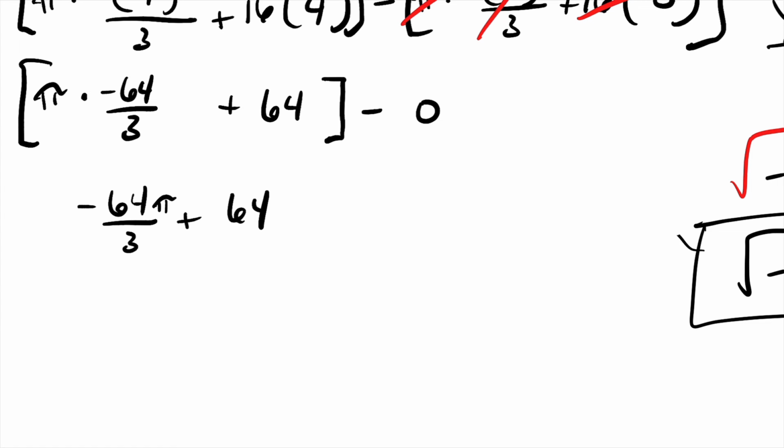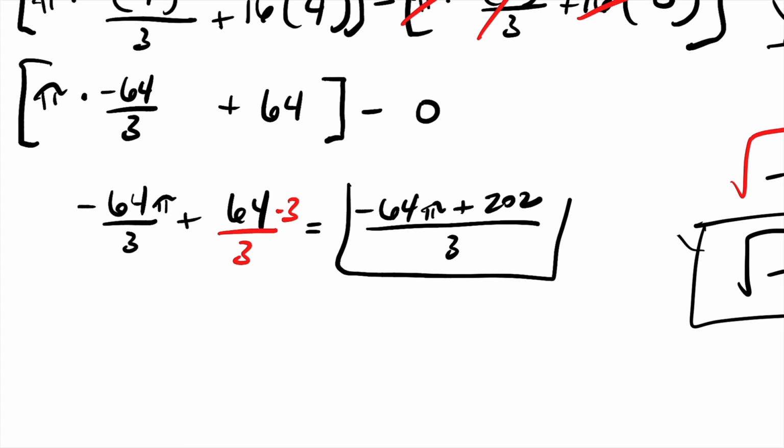If you want to combine them, you're going to have to come up with a common denominator, which is going to be 3. So you get pi times negative 64 plus 192, over 3.